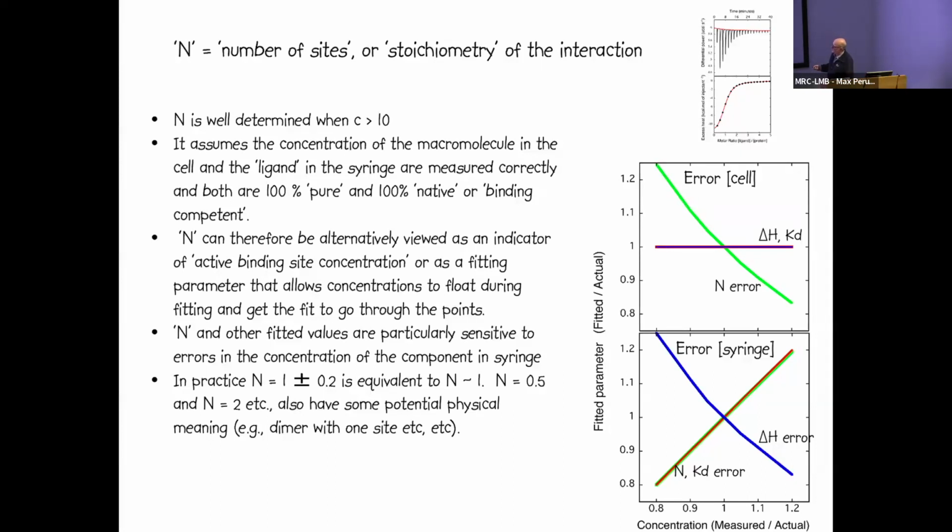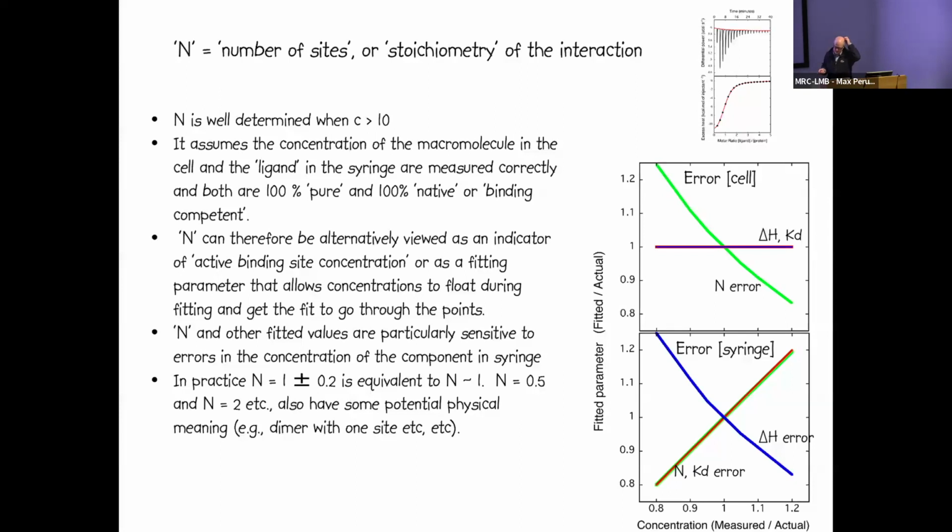Other kinds of numbers for N, like 1/2 or 2, may have some potential physical meaning, but often you're left with obtaining an N value that's a non-unit. Thinking about what's going on is what I'm trying to get across here, that it may well represent errors in your concentration or in your active fraction.